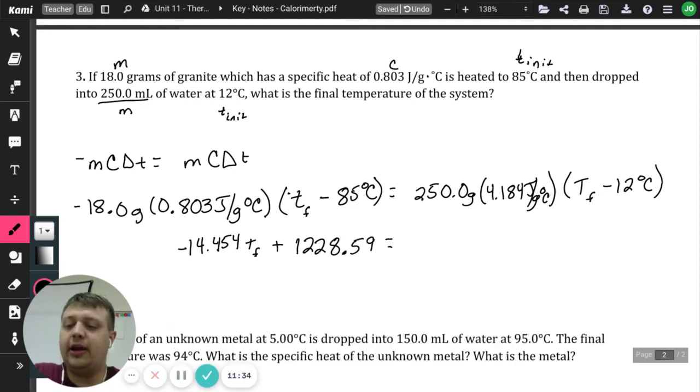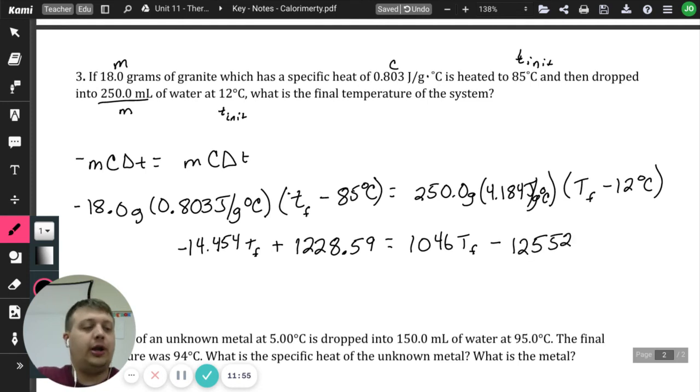And then on the other side of the equation, I have that 250 times the 4.184, which is going to give me 1,046 times my temperature final, minus 250 times negative 12, which is 12,552. So now I'm going to be rearranging my equation a little bit.